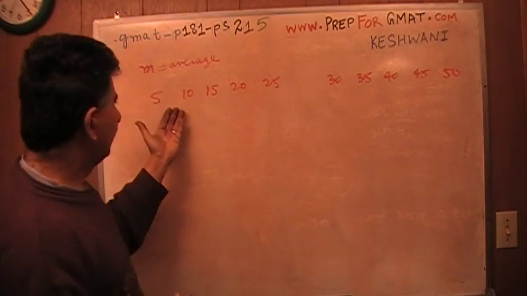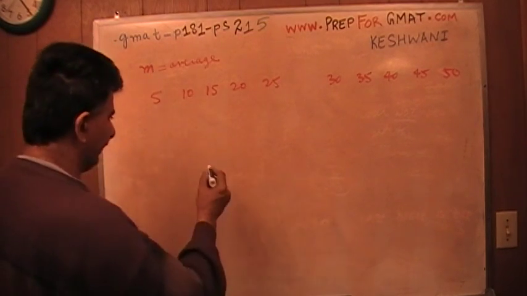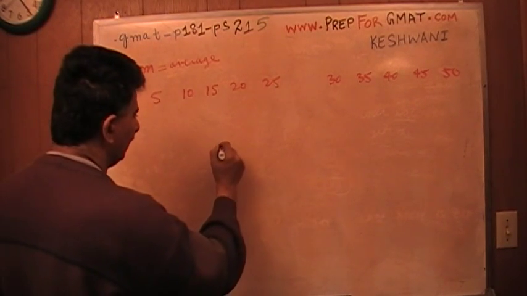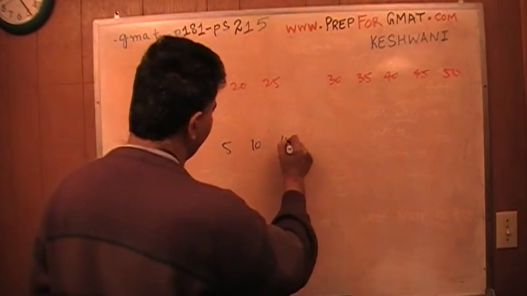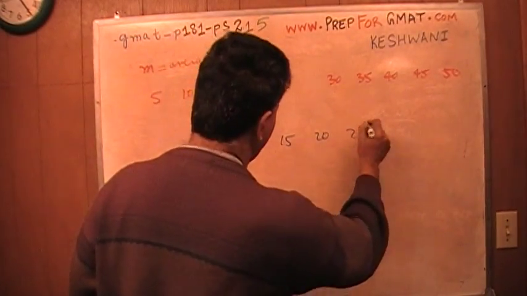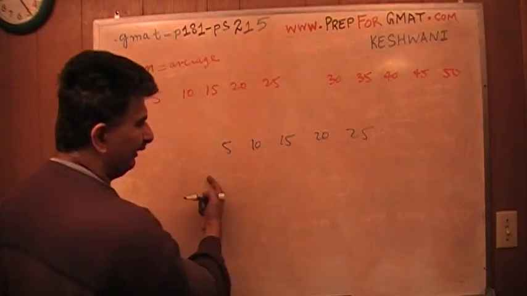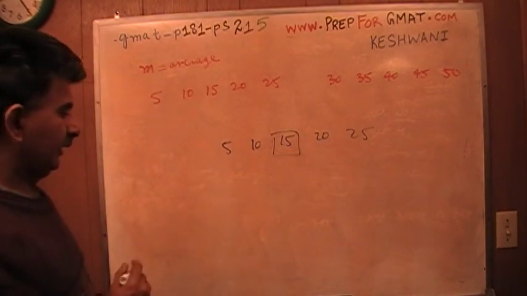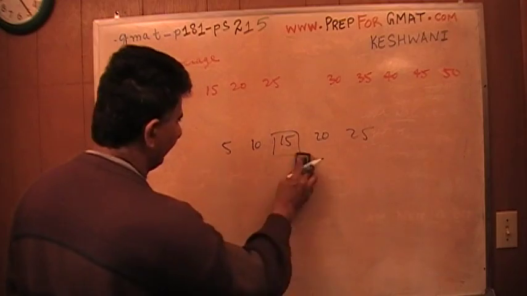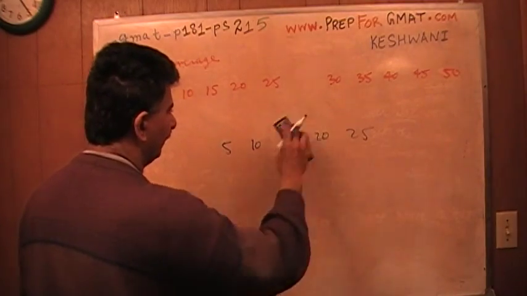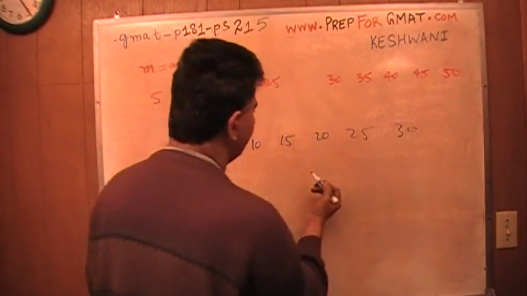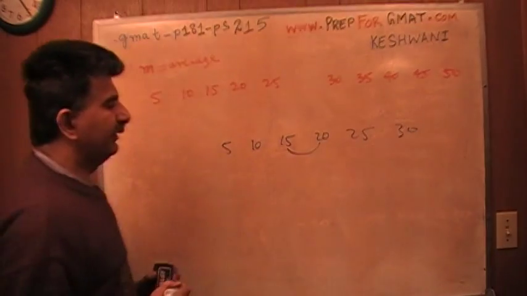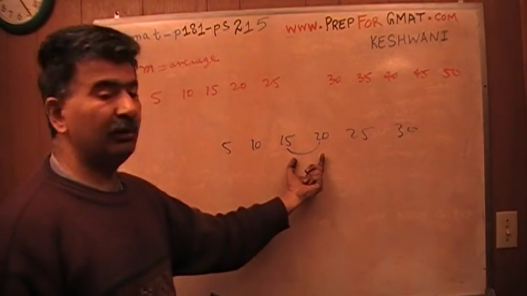These are all evenly spaced numbers. For example, if I tell you what's the average of 5, 10, 15, 20, and 25, since they are all evenly spaced and since there are 5 numbers, the average is 15, the middle number. If there were 6 numbers instead of 5, the average would have been the average of the middle 2 numbers.